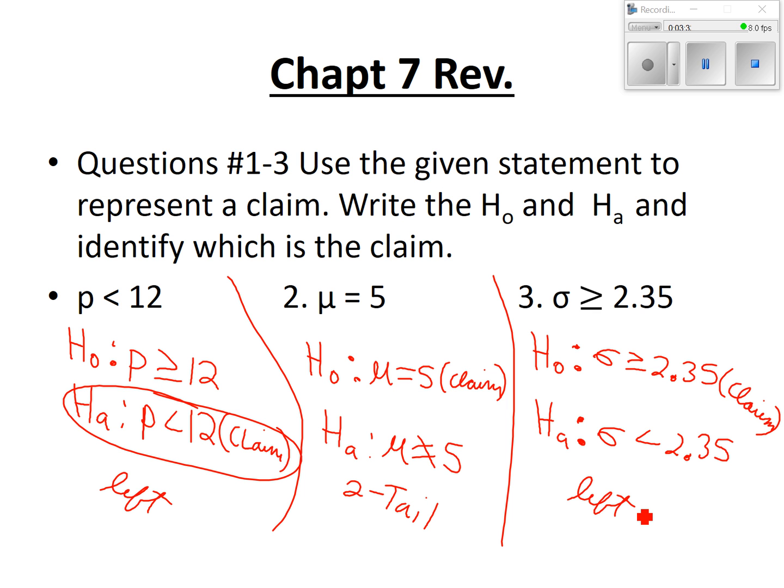If it's this, or this, that's got to be your HO. Your HO always has the equal to part in it. This one didn't have the equal to part, so we put this in as our HA, and then our HO is whatever the opposite of that is. Does that make sense? Yes.